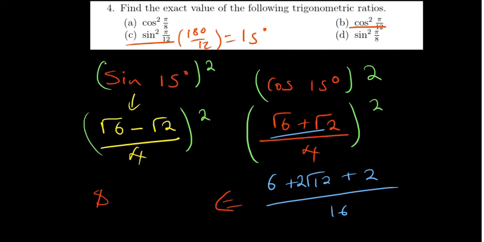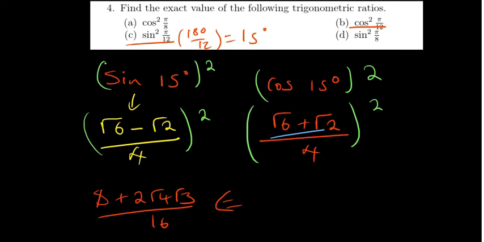and then 2 root of 12. Root of 12 is the same as root of 4 times root of 3, and then you have 16. At that point that can reduce to 8, and root of 4 is 2, times 2 gives us 4 root of 3, over 16.